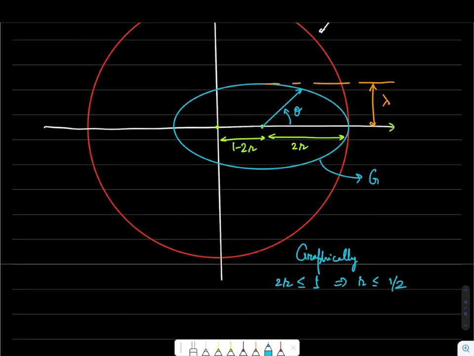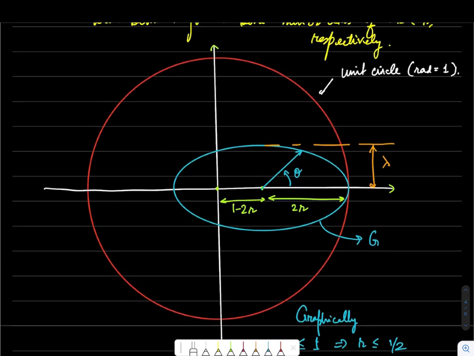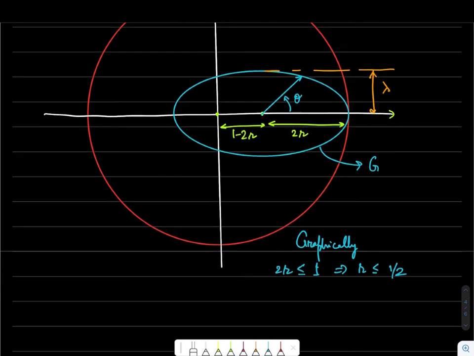And secondly, we also do not want this height of the ellipse, which has a distance of lambda from the x-axis, to go beyond the unit circle. So we also would prefer that lambda should be less than equal to 1. So these two conditions are the conditions for stability to start off with: r should be less than equal to 1 by 2, and lambda should be less than equal to 1.